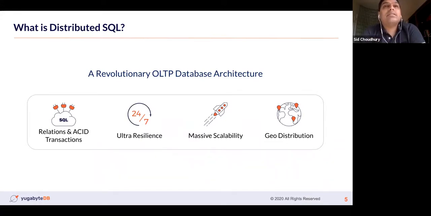All these capabilities are now becoming core to distributed SQL databases. So the sum total is what makes it more exciting. And as we'll see, PostgreSQL compatibility is sort of the icing on this exciting cake.